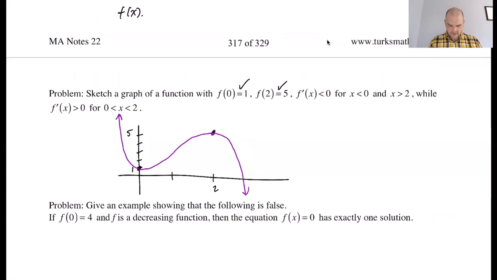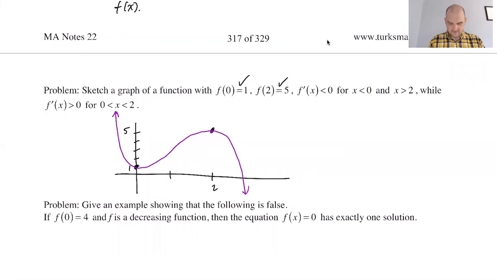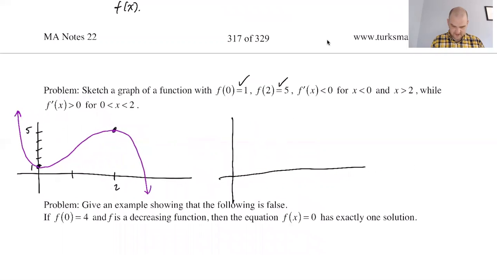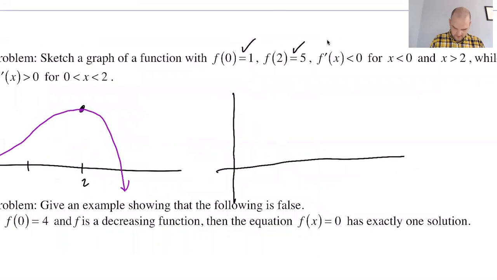Okay, that'll do it. But think different, right? You don't want to always just do the most obvious thing. So can I think of another graph that maybe makes this happen? I decided I'm going to do 3 graphs here, so I'm going to move things.